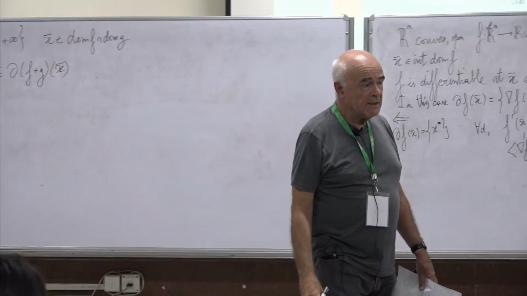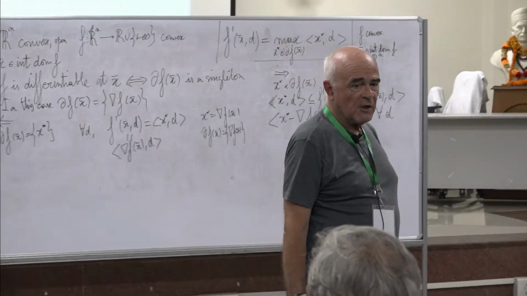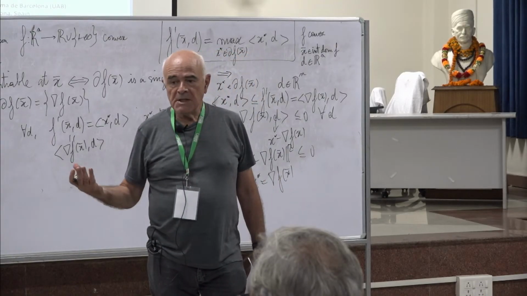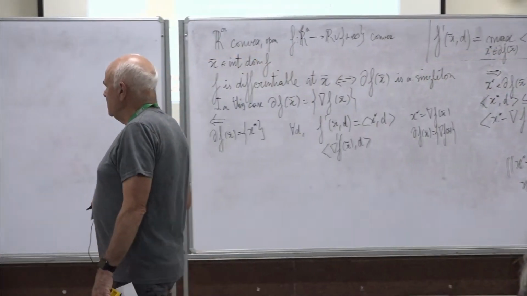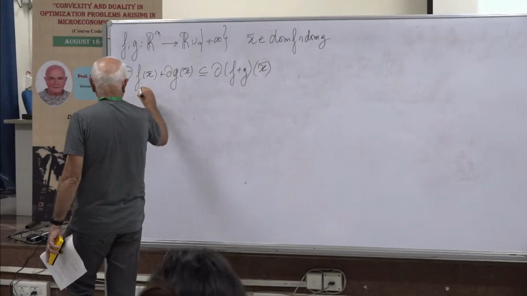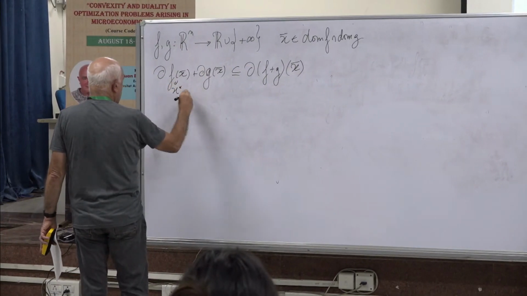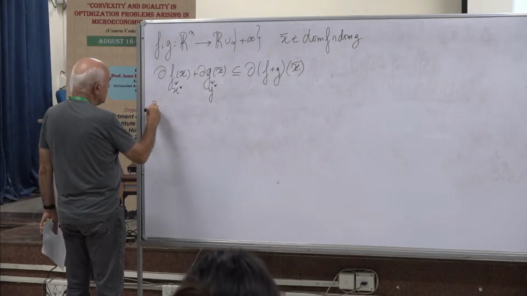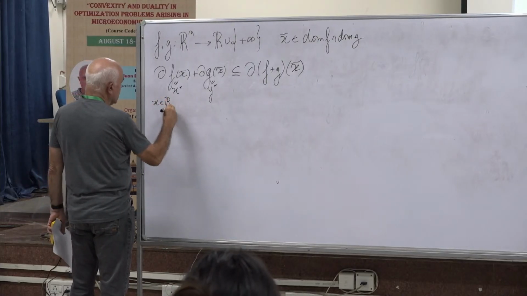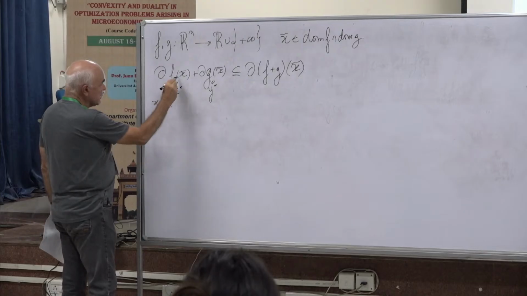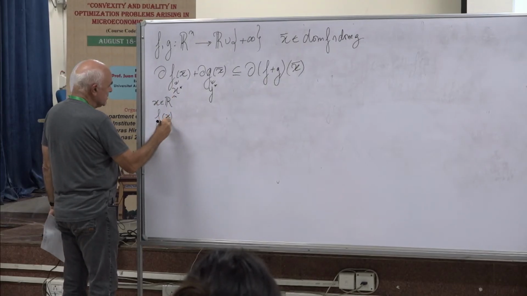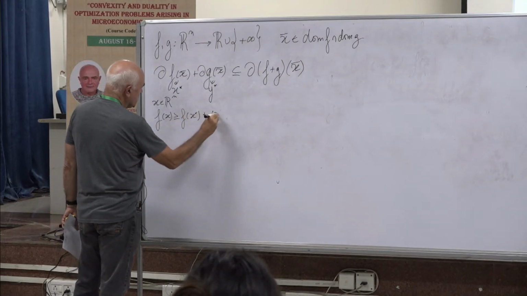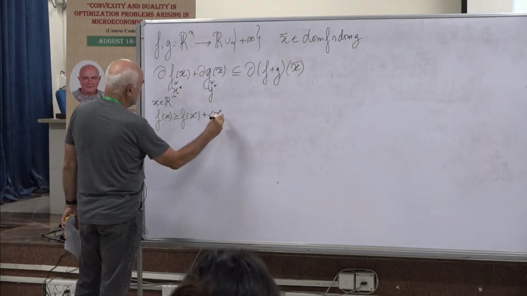Did I forget anything? Did I forget to say that the functions are convex? No, I didn't. This is true for every function. This is a trivial result. And if you take x star here and y star there, then you take any x in Rn, then because x star is in the subdifferential of f at x bar, you have f of x greater than or equal to f of x bar plus x star, x minus x bar.